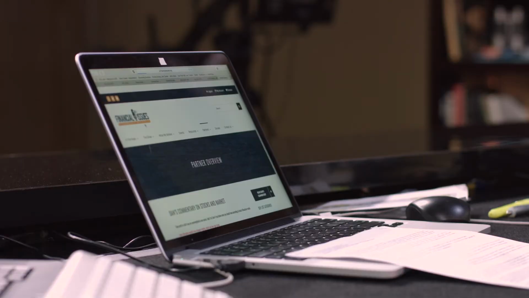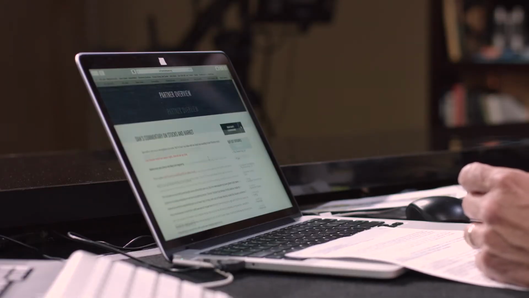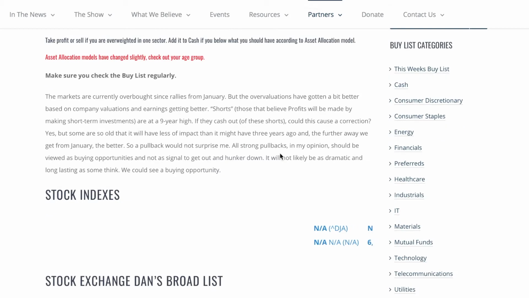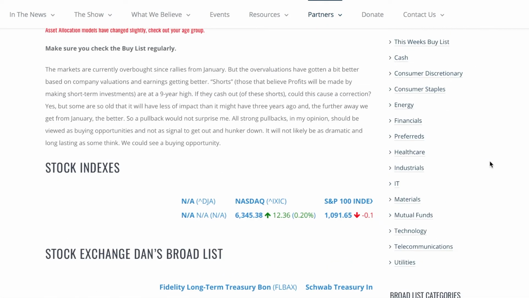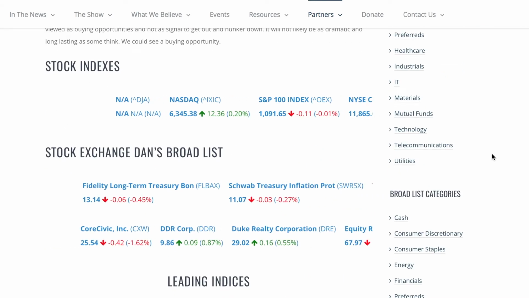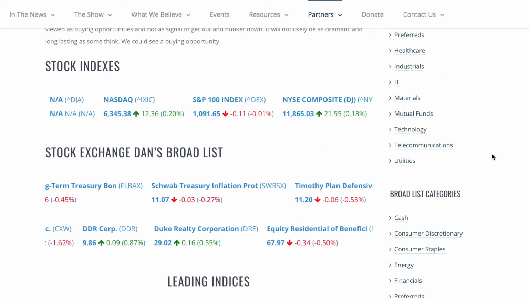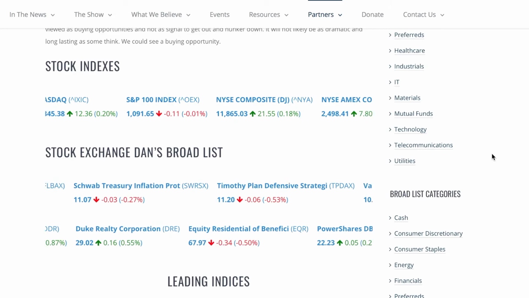I do want to point out one other thing, just because I like it. When you go to the partner overview thing, it's the very first thing on the column. You can do that during the day, maybe leave it up. You can see where the indexes are running right now. Take a look at my broad list.